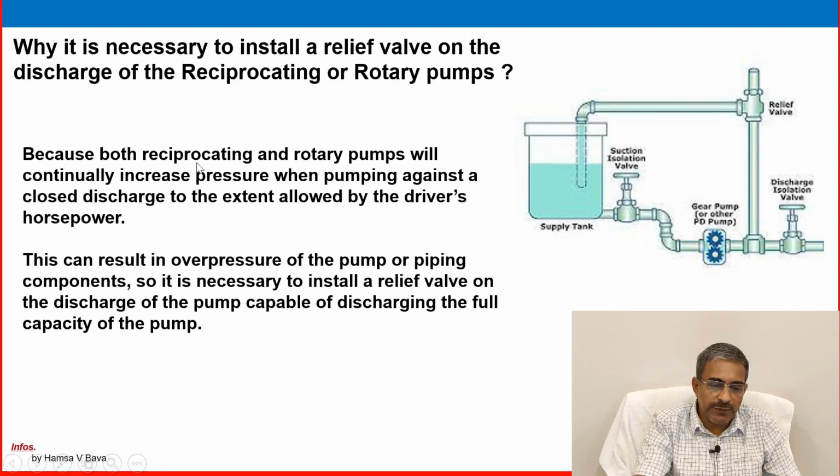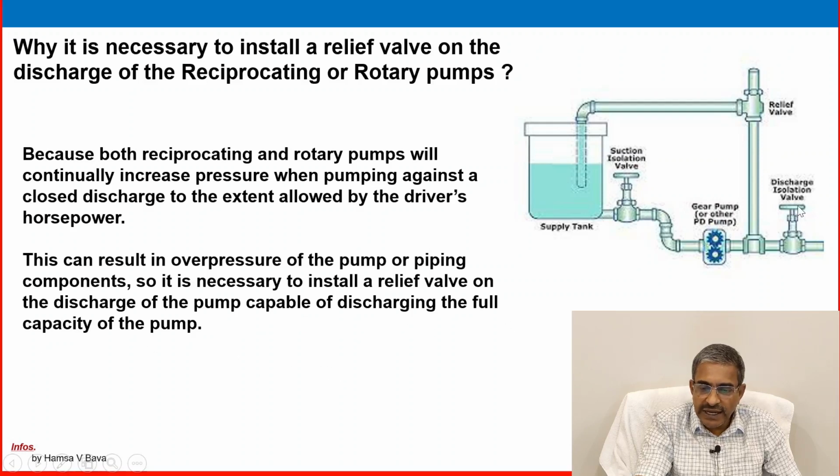Because both reciprocating and rotary pumps will continually increase the pressure when pumping against a closed discharge, to the extent allowed by the driver's horsepower. This can result in overpressure of the pump or piping component. So it is necessary to install a relief valve on the discharge of the pump capable of discharging the full capacity of the pump.